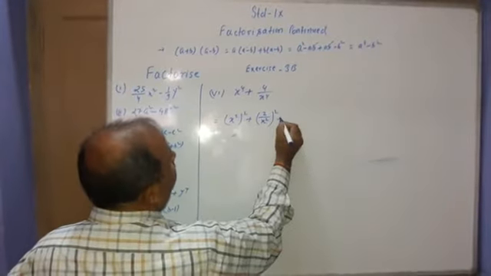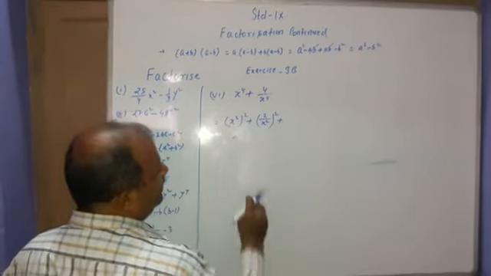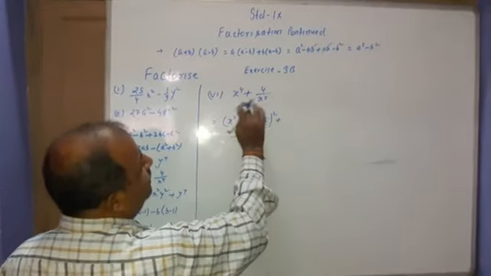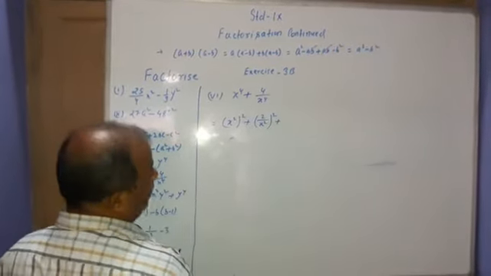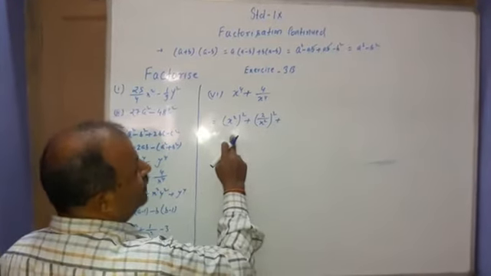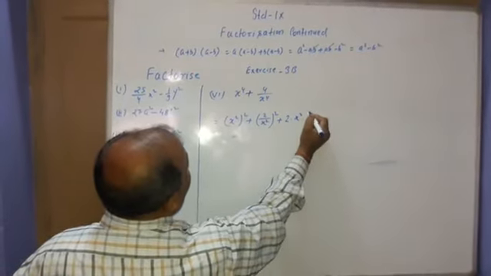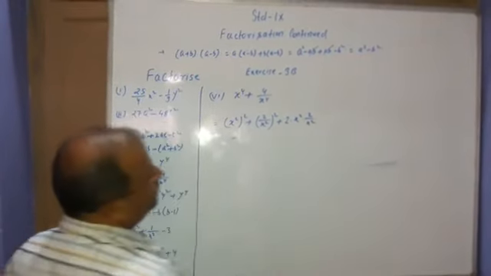Now we have to factorize it, and for that we need 2 into x square into 2 by x square.